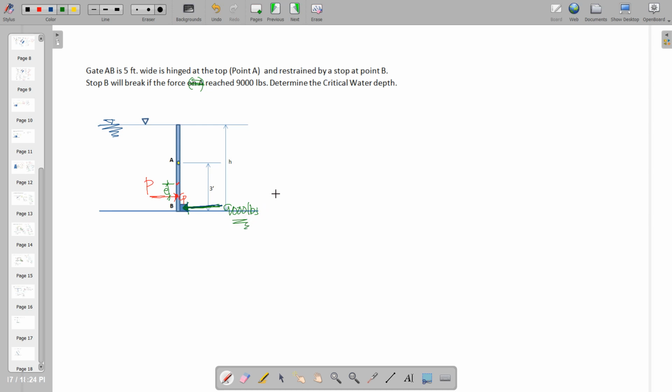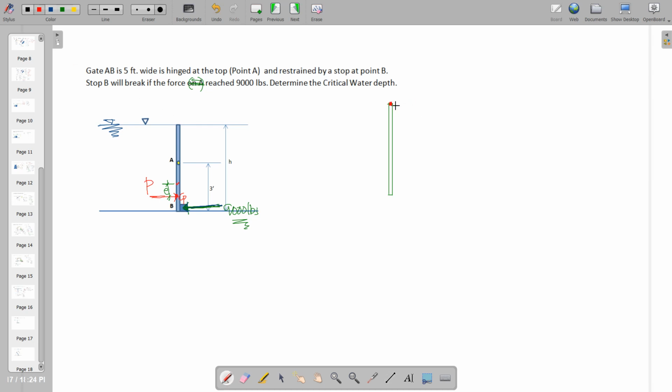So how can we involve 9,000 in our equation? Just the same as in the previous problem we had a while ago, we just need to refer to the free body diagram.